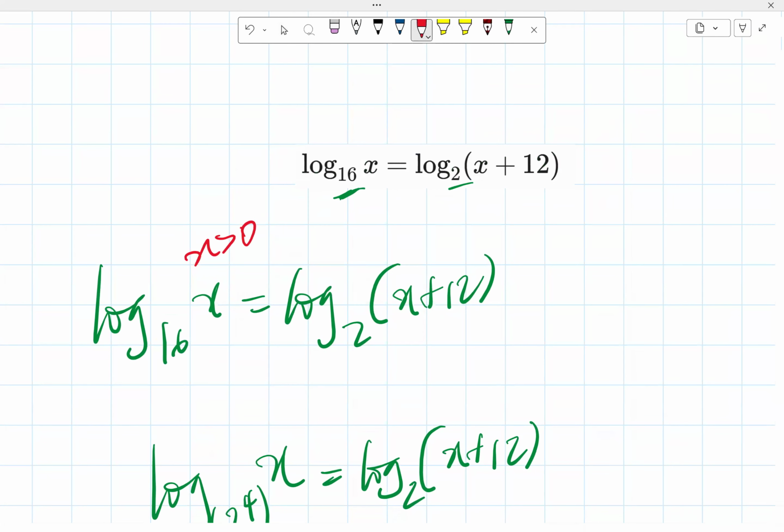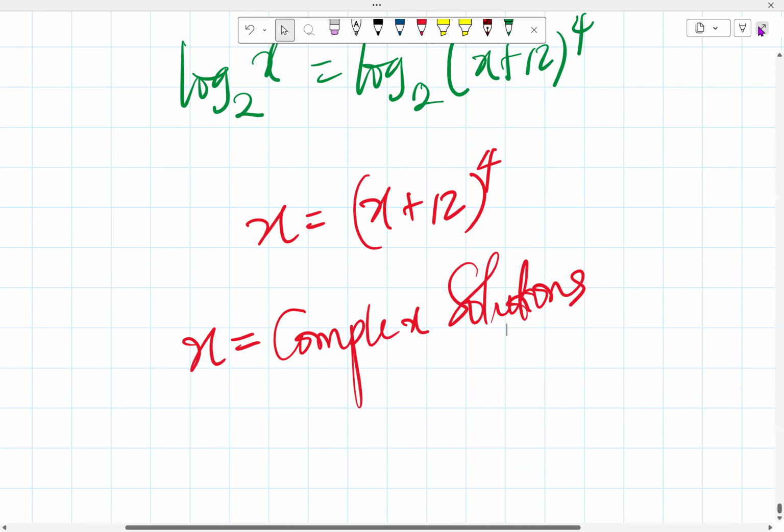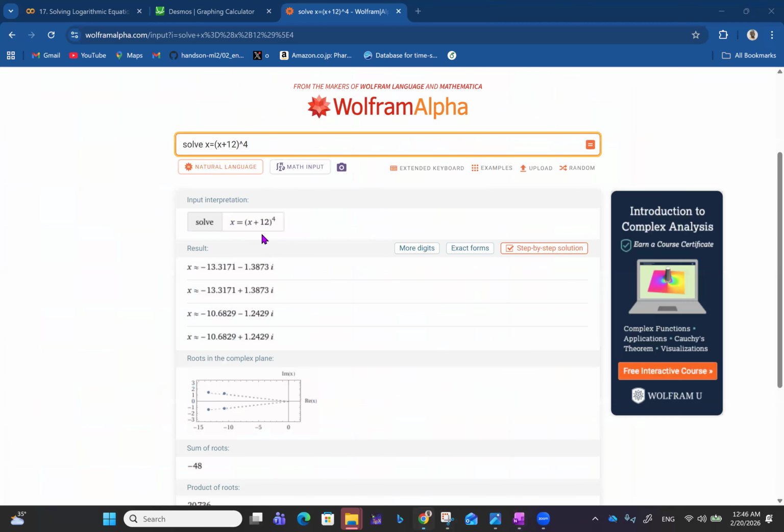So, yeah, we have complex solutions. All solutions are complex based on what Wolfram Alpha has given us. You can see all the solutions have imaginary terms. So, yeah, that's what this is about right here. Okay, so we are good with that.